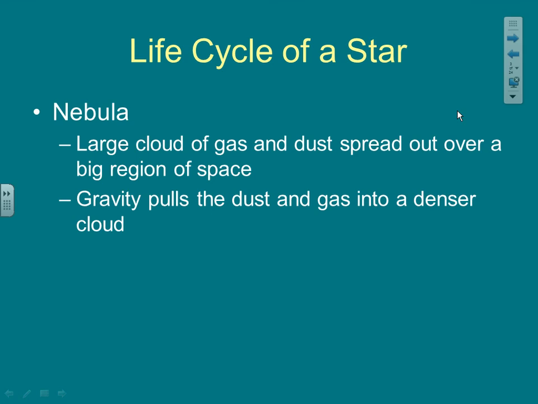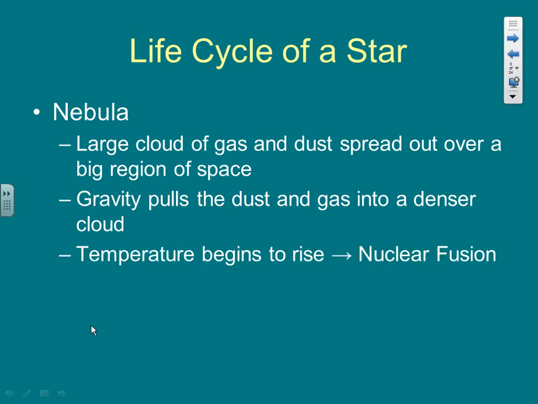And as we get more stuff closer together, we get more gravity, and as we get more gravity, we pull more stuff in. It just keeps accumulating bigger and bigger. And because we start squeezing things together, and gravity is pulling them in, they go faster.